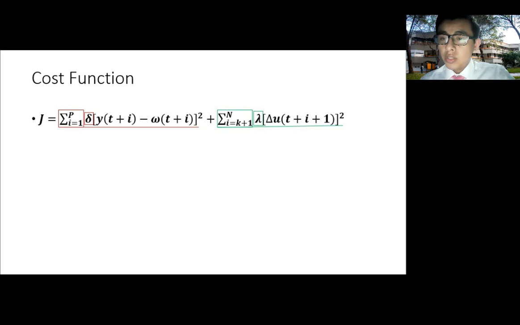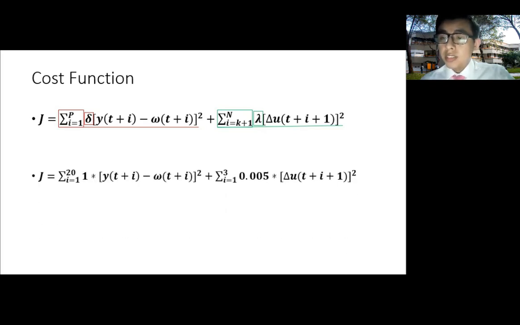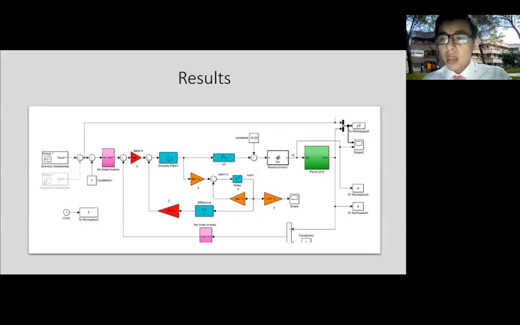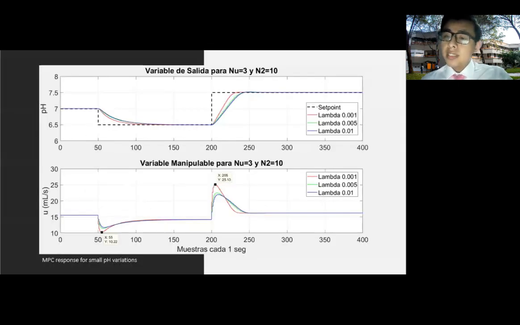For the process in question, the controller was tuned with the help of MATLAB, obtaining the best result for a prediction horizon of 20, delta equal to 1, control horizon of 3, and weight factor of lambda equal to 0.05. Using the MPC control described above, we can see that for a small pH variation between 6.5 and 7.5, there is an adequate control without oscillation and with a settling time of 50 seconds.